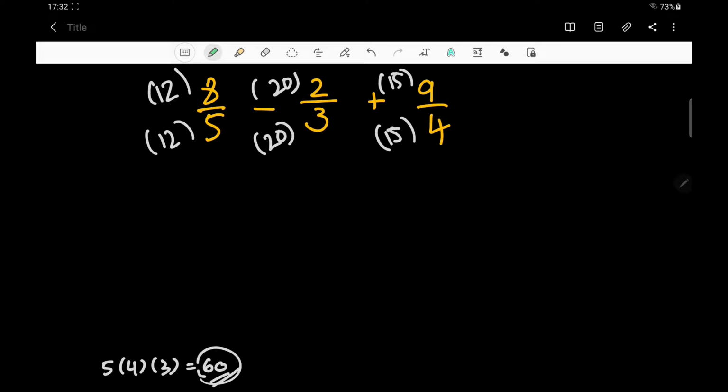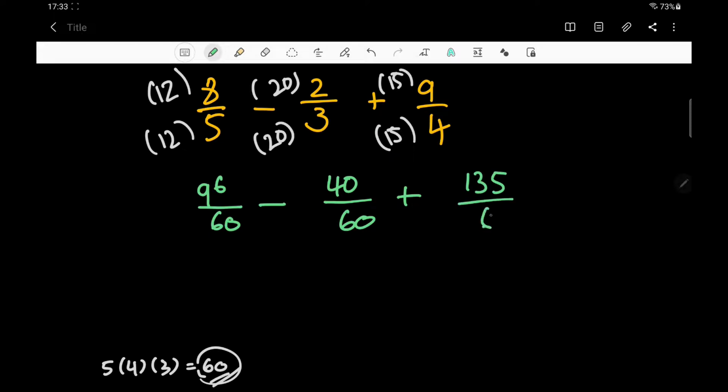12 times 8 is 96 over 60, minus 20 times 2, which is 40, over 20 times 3, which is 60, plus, now what is 15 times 9? It's going to be 135, and 15 times 4 is 60.